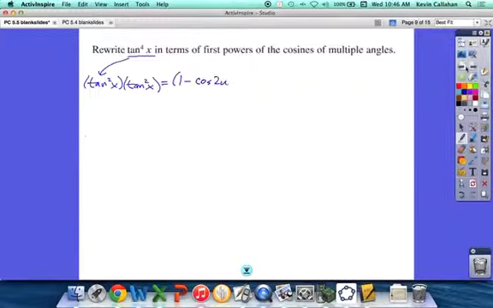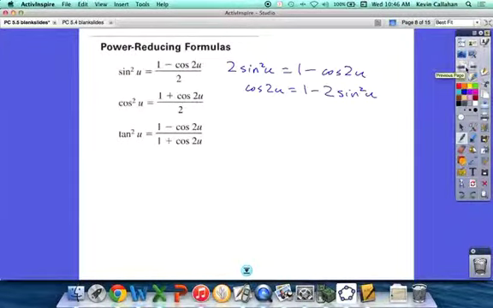I keep forgetting. I need to not say u, I need to say x because it's x. So 1 minus the cosine of 2x divided by 1 plus the cosine of 2x, 1 plus the cosine of 2x.